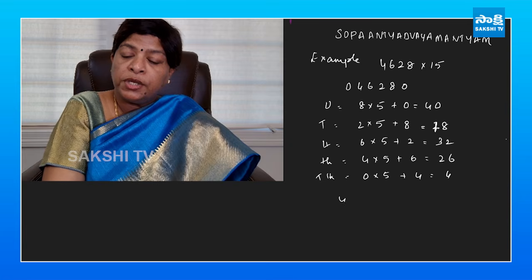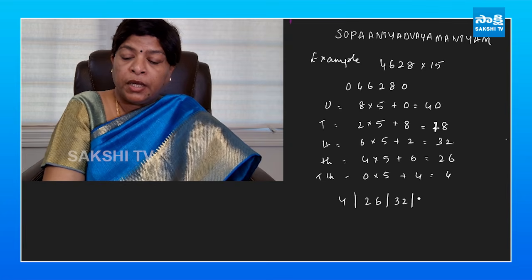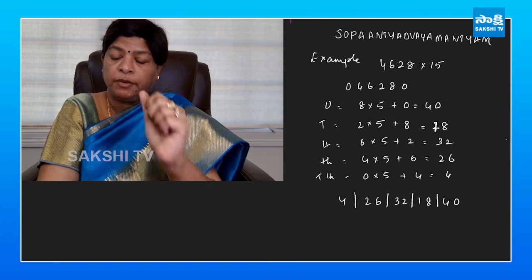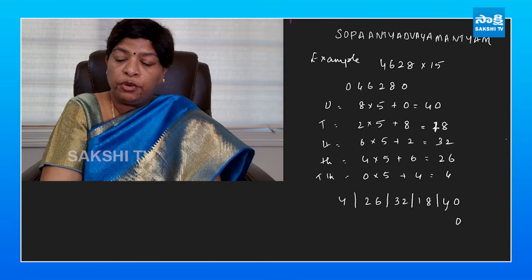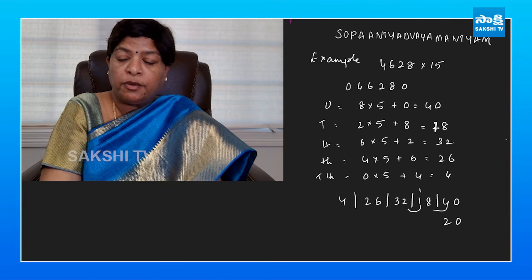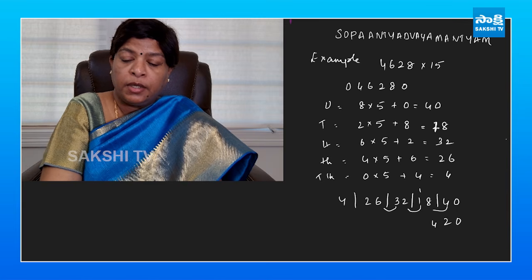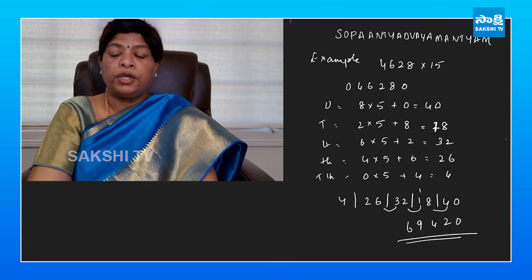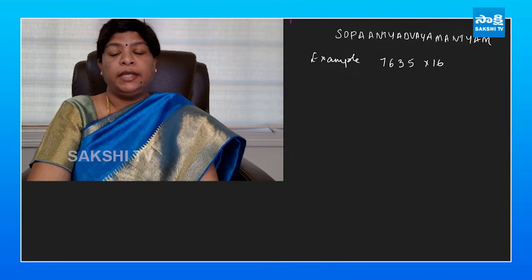So write down the numbers as below and apply the balancing technique since we have more than a single digit in our place value. So 0 followed by 12. That's 1 plus 4, 9, 6. So the answer is 69,420. Let's see another example.